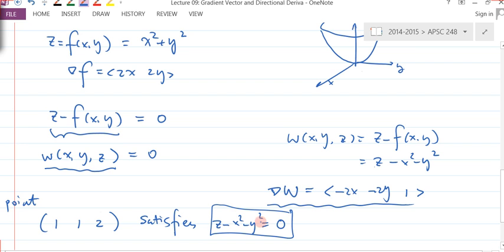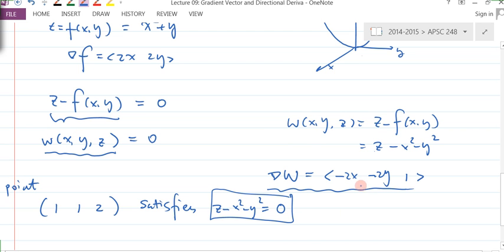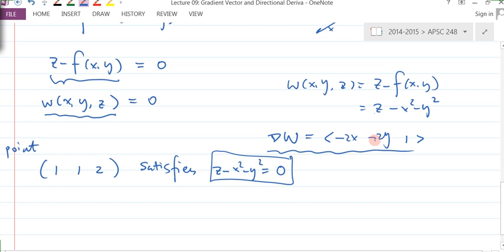If you plug this point into the gradient vector, that gradient vector will be perpendicular to this level surface. So plugging the point into del w, it's negative 2, negative 2, 1.